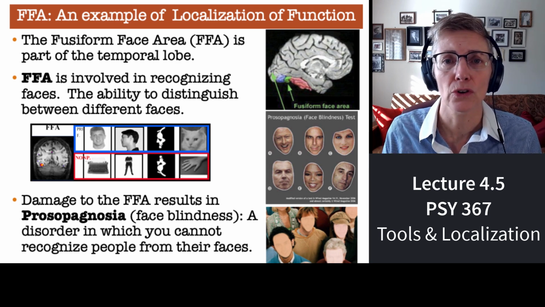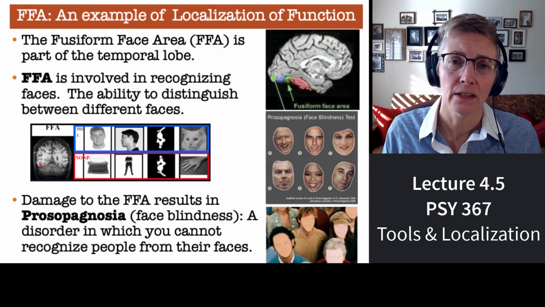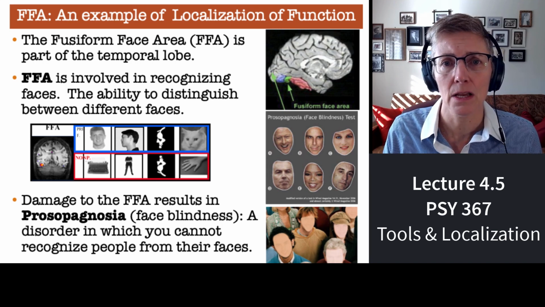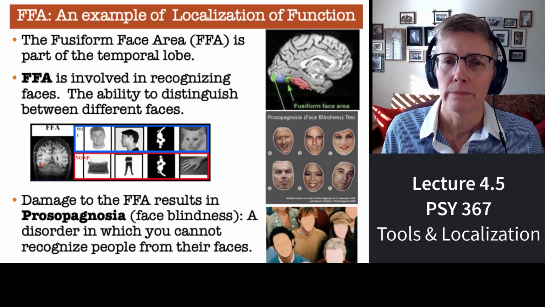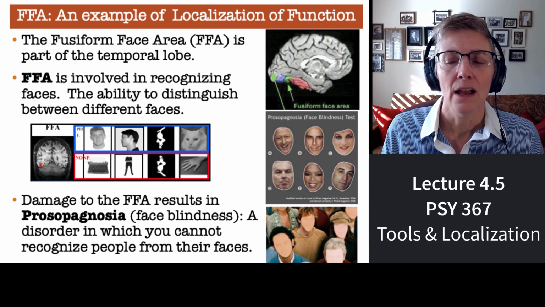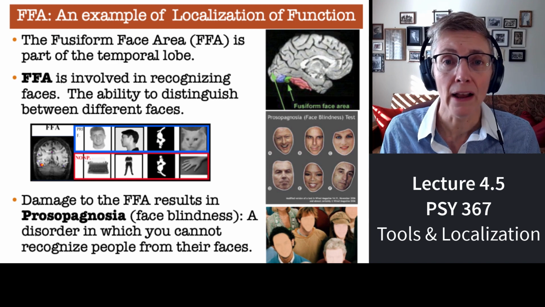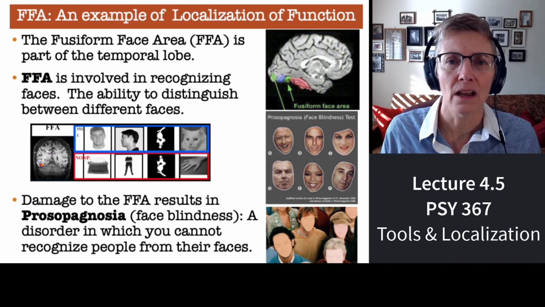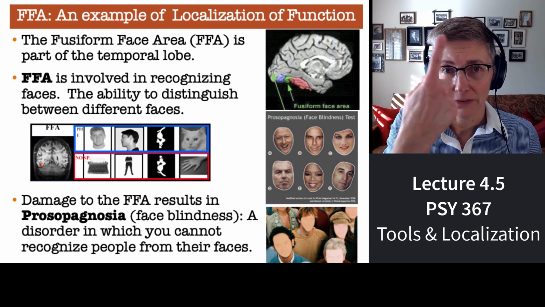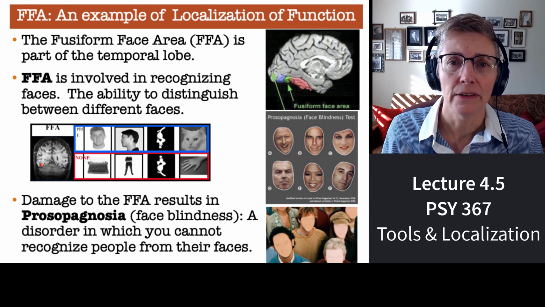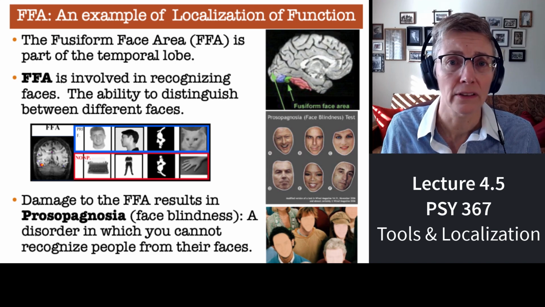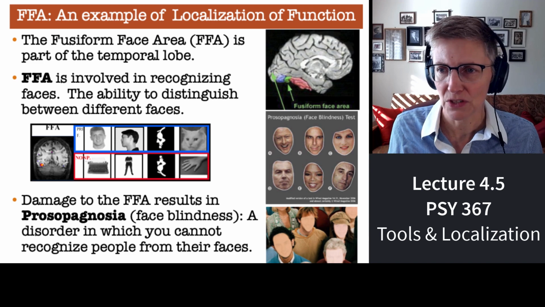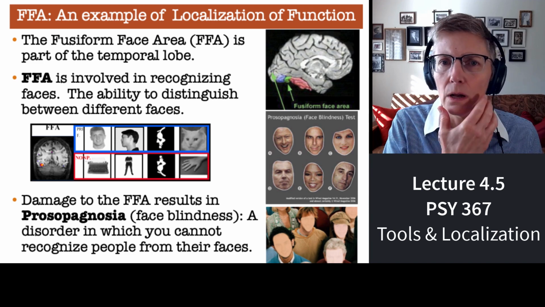This is a disorder called prosopagnosia. It could come from brain damage, and we think genetics or something that happens at birth. I'm not really sure. But people who have prosopagnosia recognize others not based on their faces, but based on maybe their hairstyle, their clothing, the way they walk, their voice, something else.